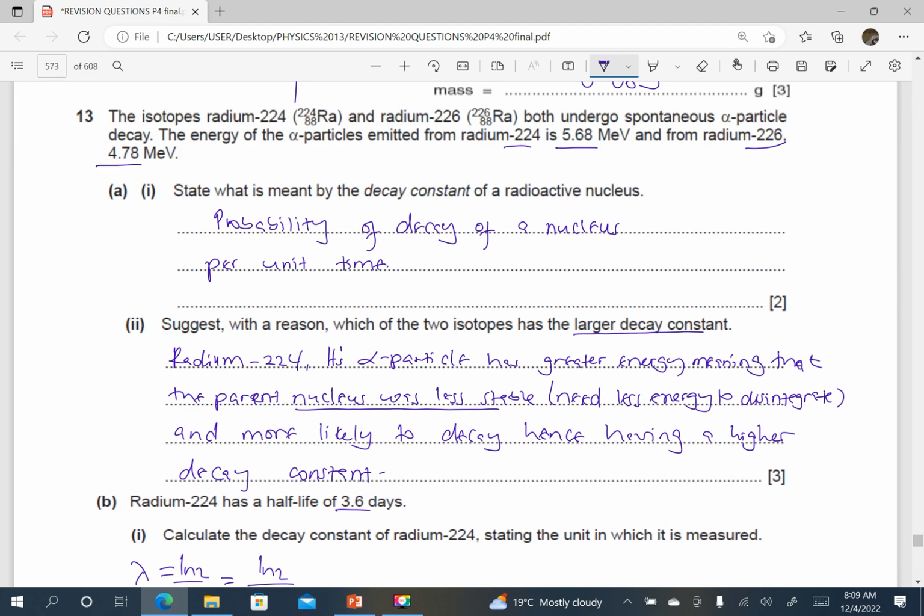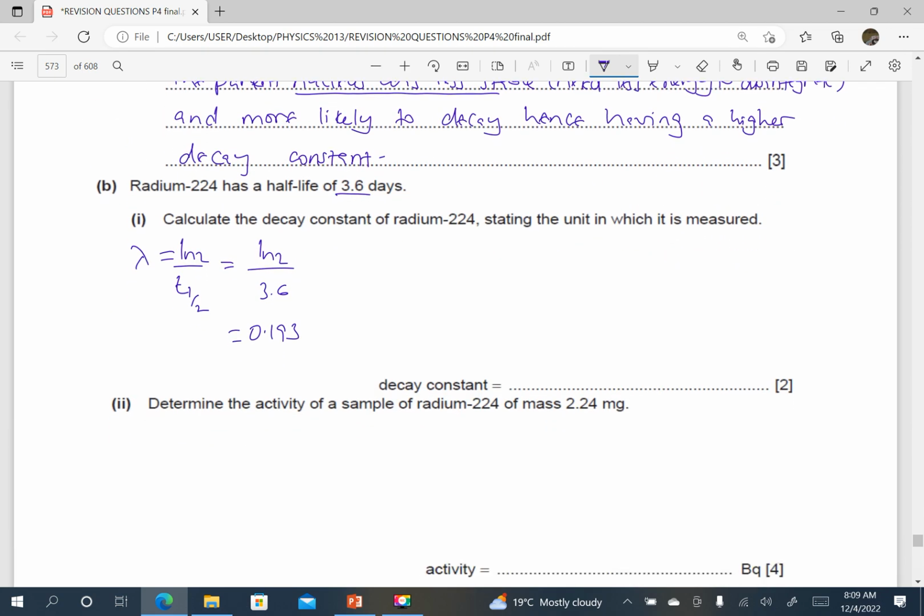That's why you see for radium-224 there was 5.68 mega electron volts given to alpha, yet for radium-226 it was 4.78. So there was more excess energy given to the alpha particle for radium-224, which means less was used in disintegration than that used in 226.